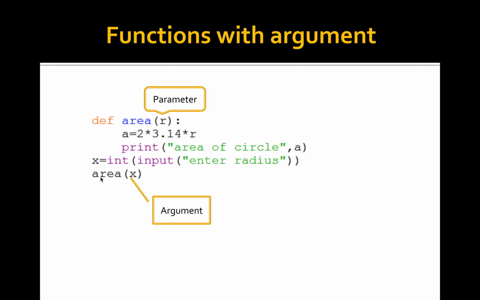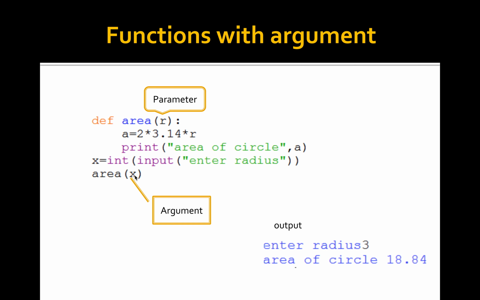When it executes the function call, the control goes to the function definition and executes the statements inside it. So a = 2 * 3.14 * r, it calculates and displays the result. Then it goes to the next statement. This way the function with argument is executed. Nothing else, we are just passing a value through the function call.